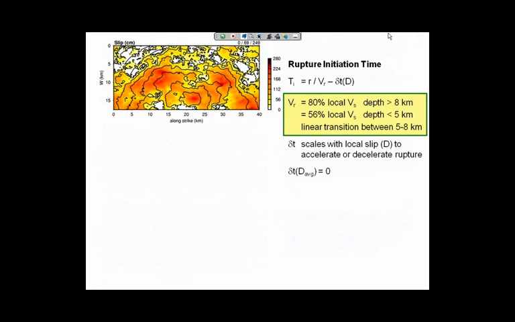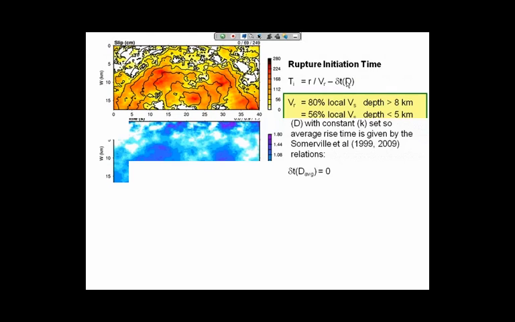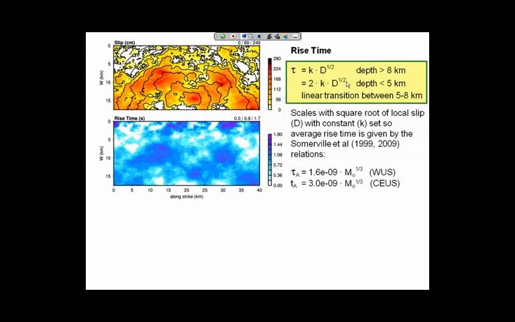From their dynamic rupture scenario computations, they did some statistics and found that in their models, they didn't see a relation between the rupture time and the local slip amplitude. And then they also have this rise time.